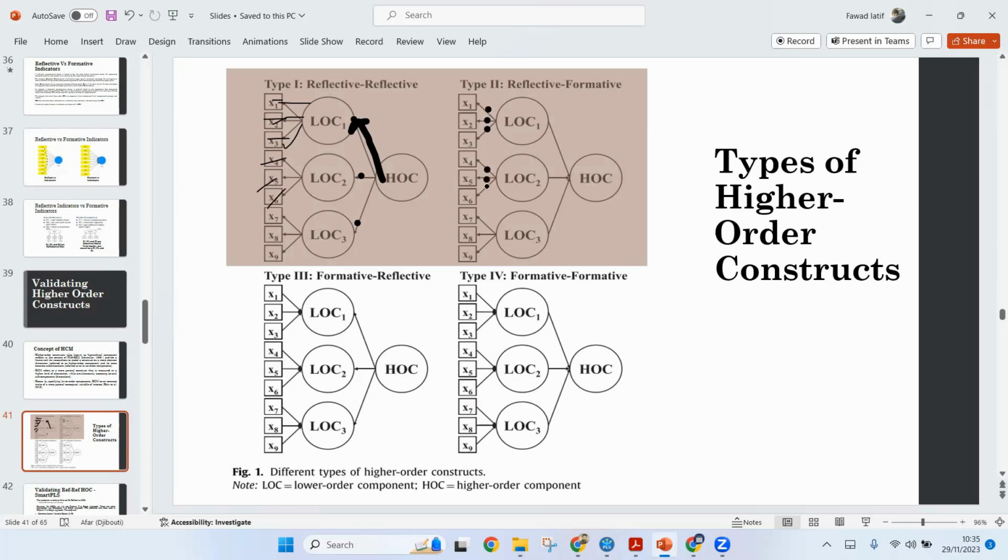The arrows are pointing from the construct to the items. And why is it reflective? Because they are interchangeable. Now, at higher order, the arrows are pointing from the lower order constructs to the higher order construct. This means that lower order constructs form your higher order construct. So you combine them to form a higher order construct. Again, when it is formative, obviously they are not interchangeable.